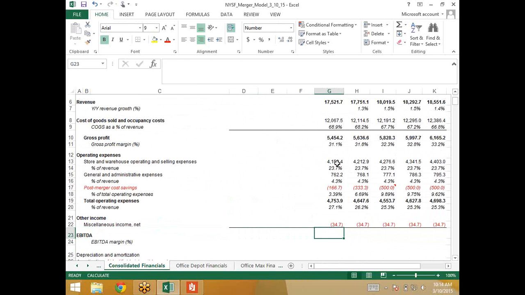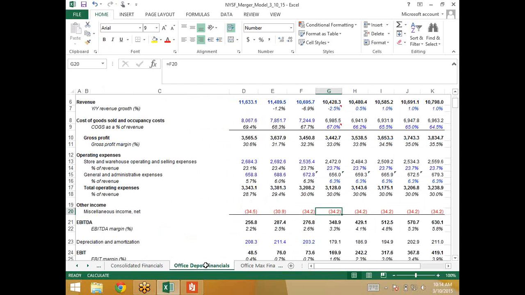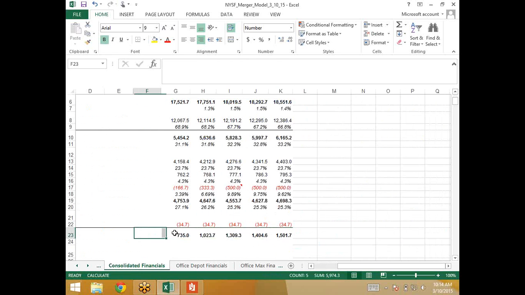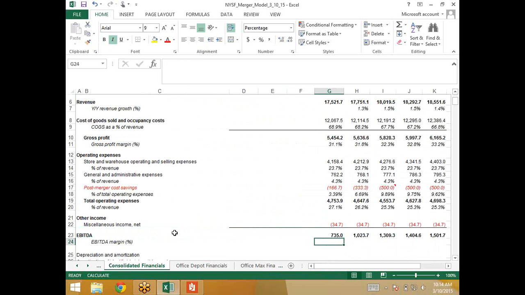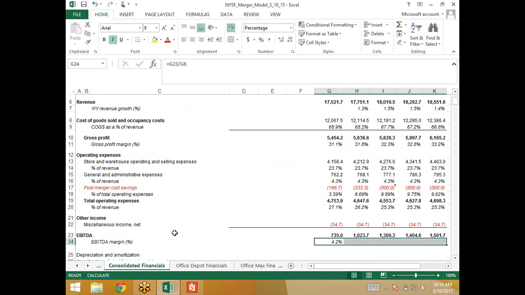And so EBITDA is going to be gross profit minus OPEX minus the other income, which will actually make it a positive. Which I believe is what we want, right? How did they do it before? Yeah, minus. So that's your EBITDA. You take the EBITDA margin and just take a second to make sure you can tie those numbers. So that's what we have, 1501.7.